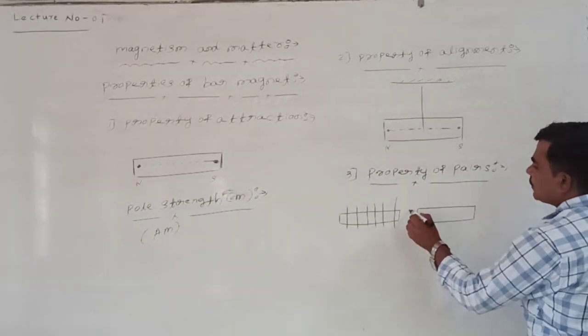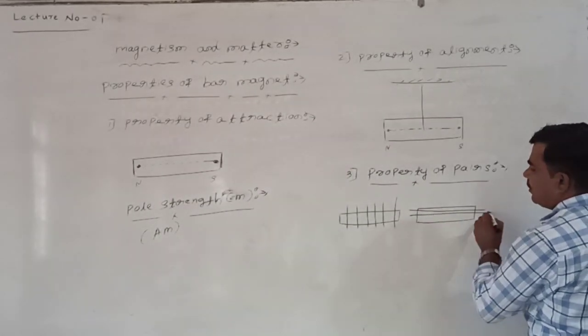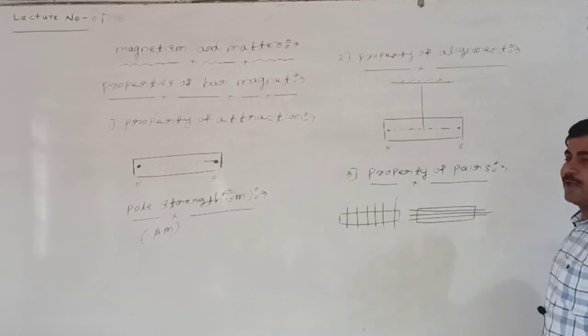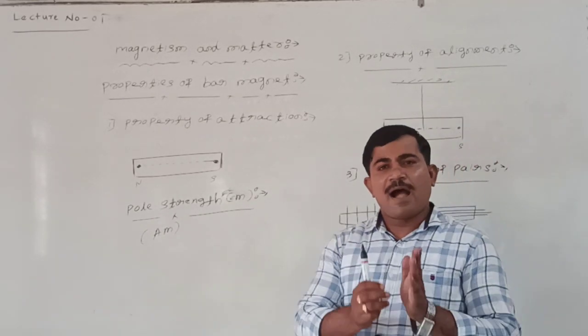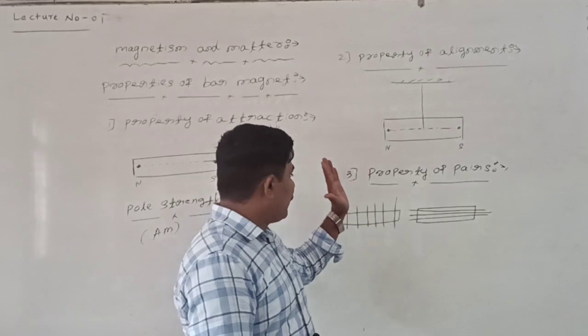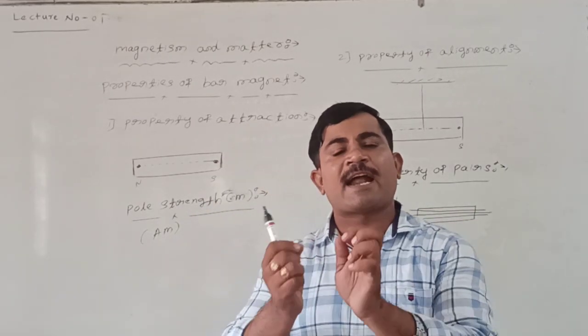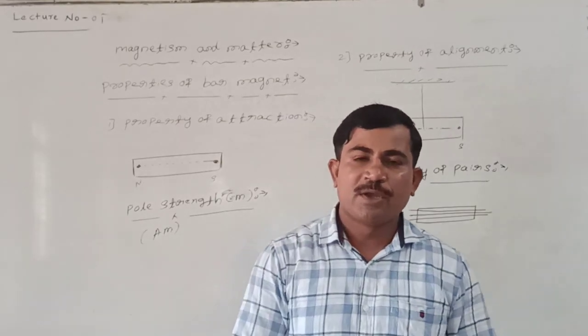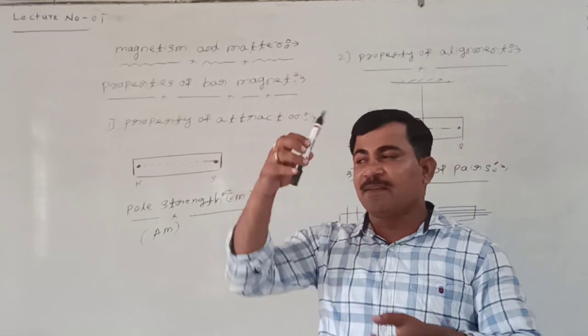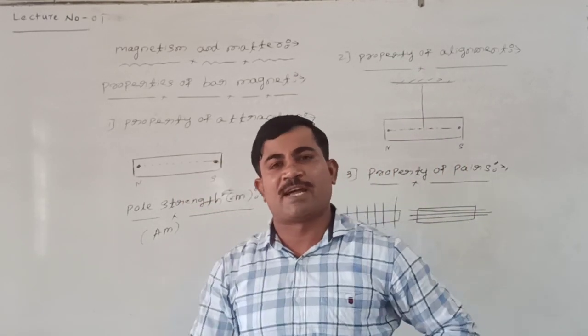Let us take it cut lengthwise, I mean along the axis. Whether the bar magnet is cut vertically or horizontally, each piece acts as a magnet. How to confirm? If the pieces are freely suspended, they align along the north and south direction.